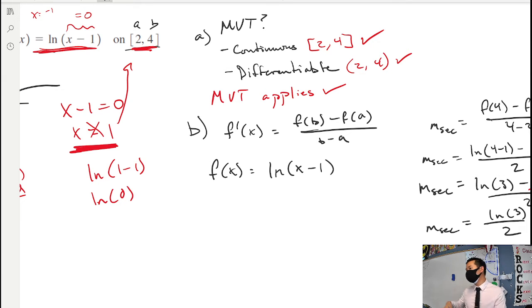The inside function is x minus 1. The derivative of x minus 1? The derivative of x is just 1. But the derivative of ln of stuff will be 1 over said stuff. So you chain rule this, and you'll get the derivative of the inside, which is 1, and the derivative of the outside, which is 1 over stuff. Ta-da!